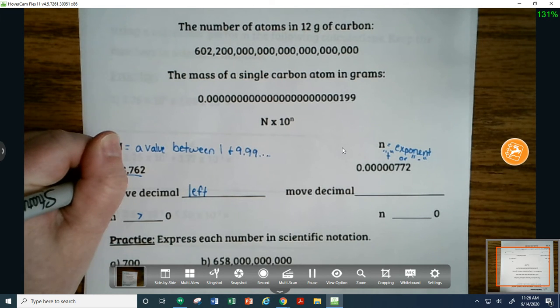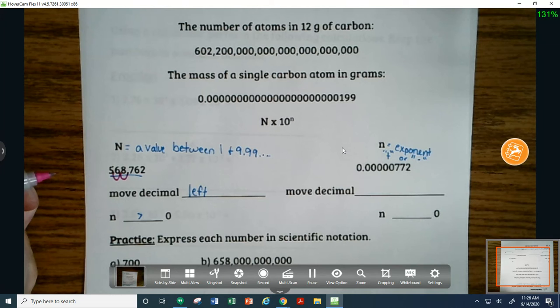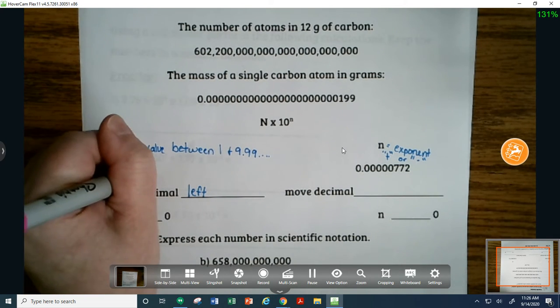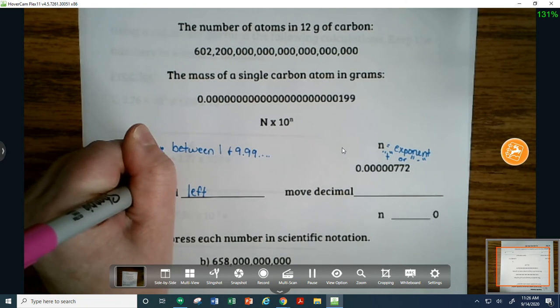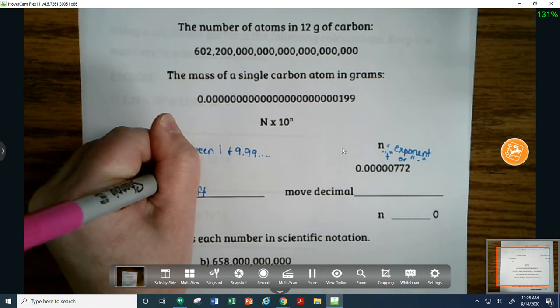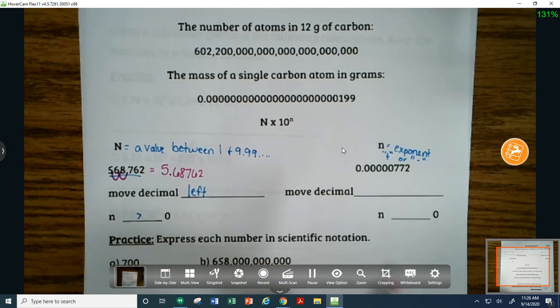So what I do is I draw these little waves, 1, 2, and that's essentially showing what direction and how many times the decimal is moving. When I rewrite this, it becomes 5.68762. So I end up with a number that's somewhere between 1 and 9.99.